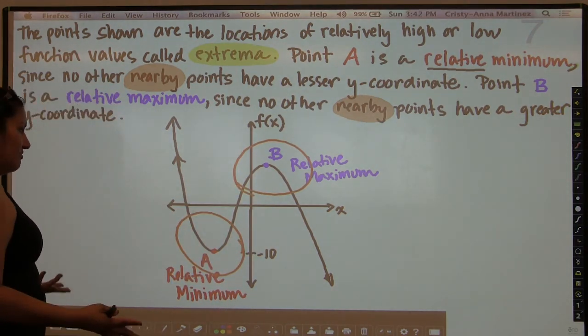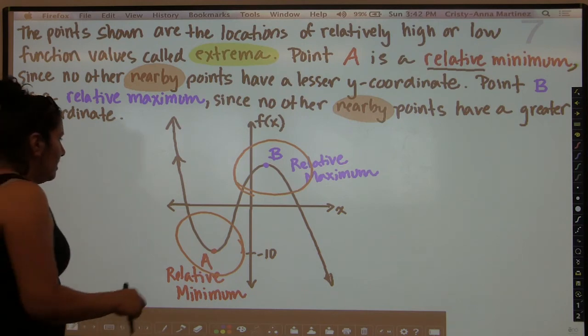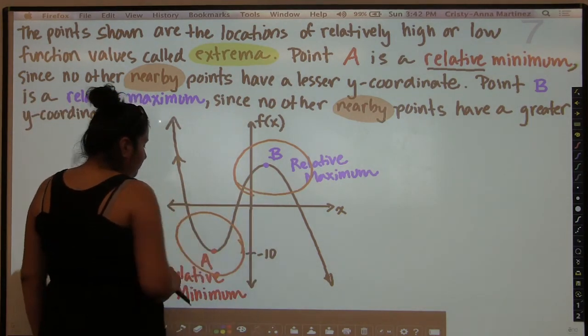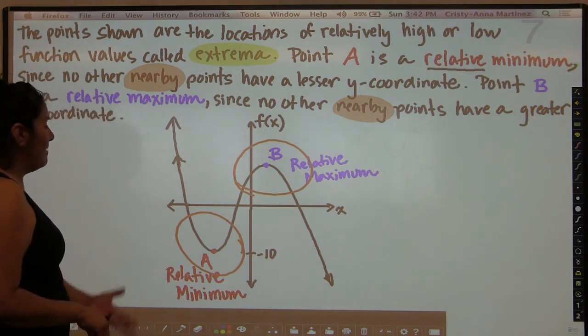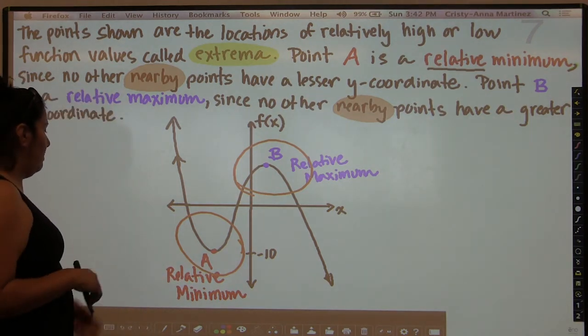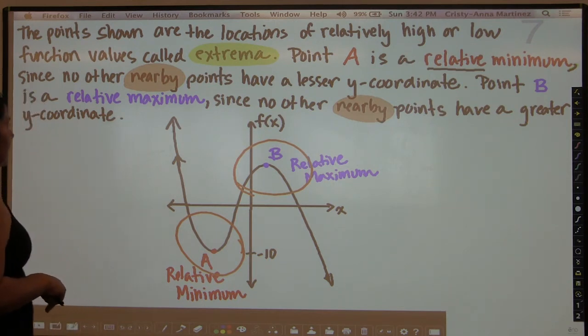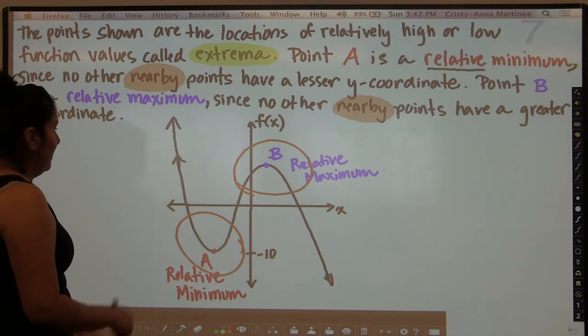So sometimes we call these hills and valleys. This is like a hill, a valley. But relative maxes are when you have hills, and relative mins are when you have valleys. So we're going to be asked to find maxes and mins in our graphs as well. So hopefully that makes sense to you now.